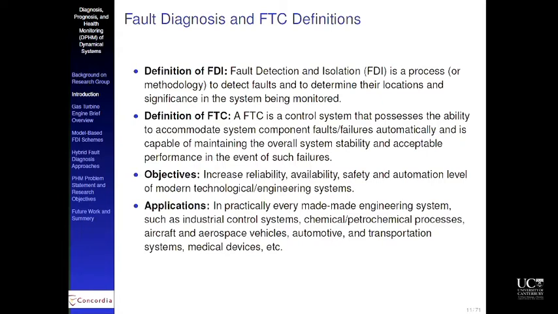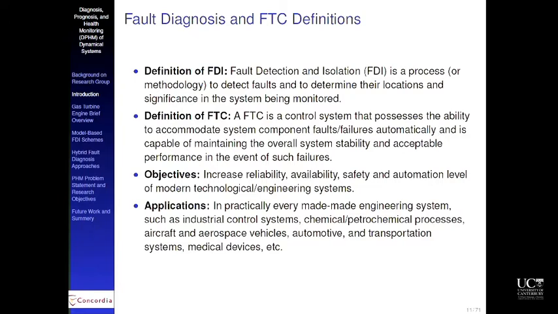We can lump all of these three functionalities together and call it fault diagnosis, just to simplify the notation. Effectively, fault diagnosis refers to first detecting, then isolating, and then identifying. The notion of detection is clear: it's a binary decision. Is there a fault in the system or not? That's the first determination we have to make.